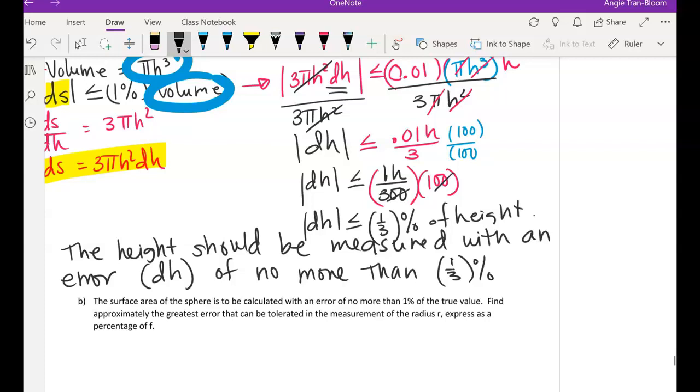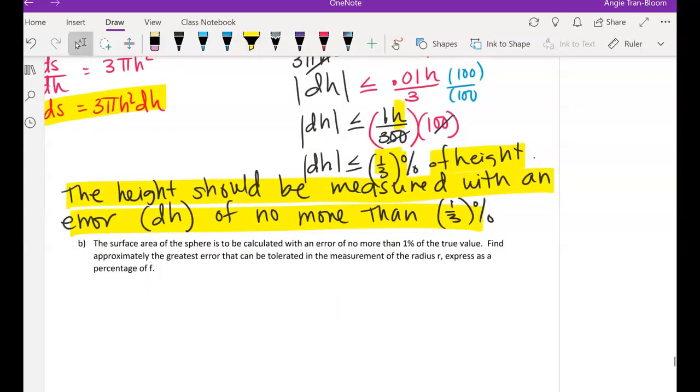Okay, so that's what all of that is. I spell that out in verbals, that way we know what I'm talking about. This is 1/3 percent. There's an h, that means it's all of the height. So math and English, okay, whenever you are interpreting it, that's what it means.